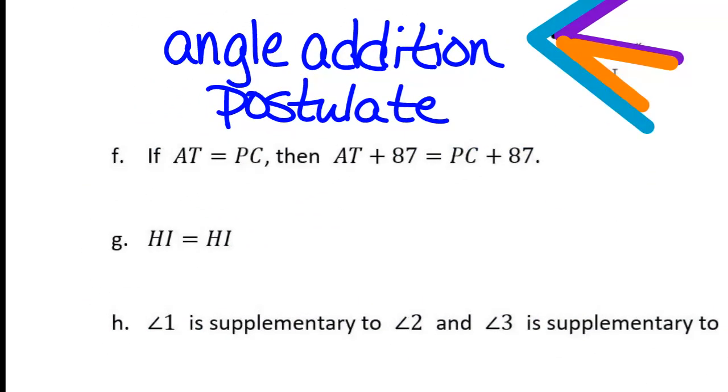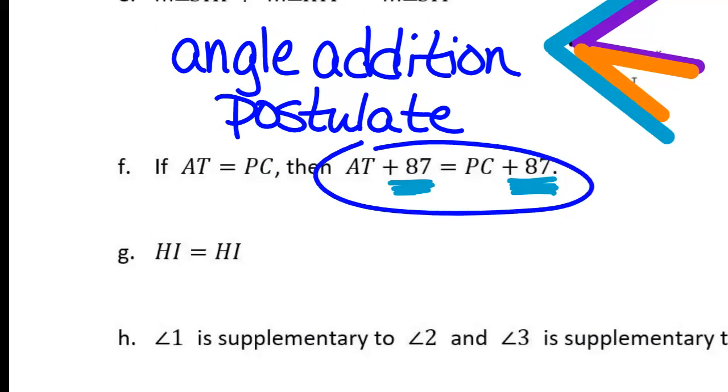If AT equals PC, then AT plus 87 equals PC plus 87. What would allow me to do that? How is this different from this?